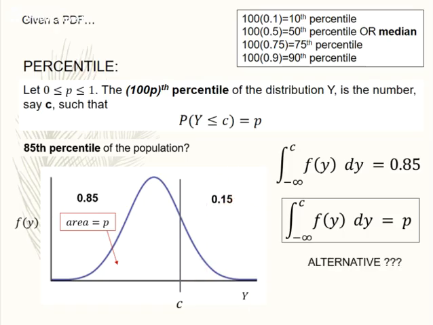This is what your equation will look like. If you integrate from C all the way to infinity over f of y, you should get 1 minus P. This is just an alternative that you can consider. Just do whatever makes sense and whatever is easiest in a test. Both ways of doing this will be marked and considered. You will come to the same answer provided you do it correctly.